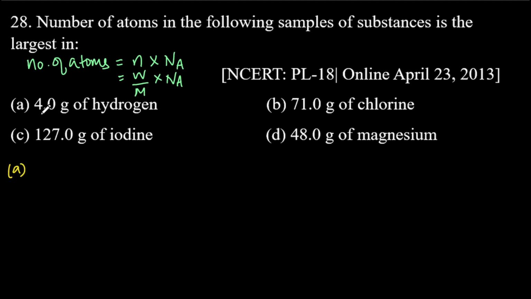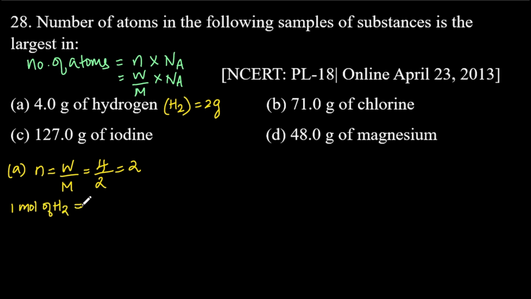So in the first option, 4 gram of hydrogen is given. So the number of moles is given mass by the molar mass. Hydrogen exists as H2. So the molar mass of H2 is 2 gram. So the given mass is 4 by 2. Number of moles is 2. 1 mole of H2 contains 2 moles of hydrogen atom.